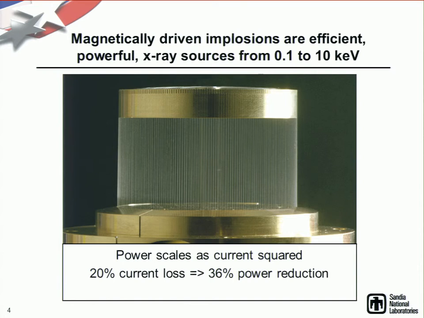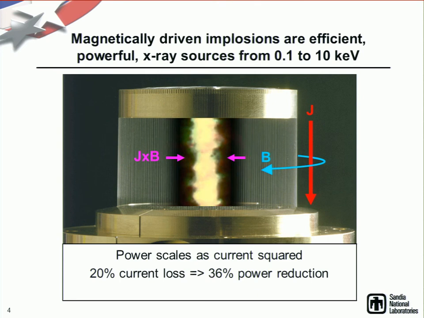Basically, you apply a current through the wires, and that creates a magnetic field that runs around azimuthally, and you have this J cross B force which compresses these wires. Basically, they're being heated and converted into a plasma and then collapsed on axis to create this pinch column. And that column actually is what radiates the X-rays at the stagnation point.